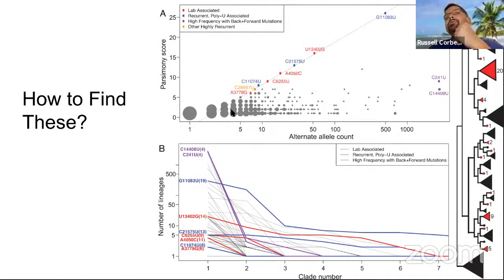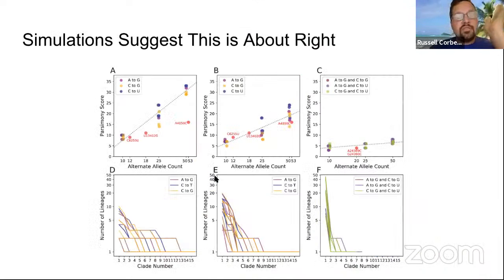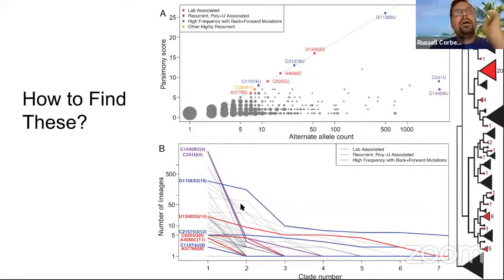We see a lot of C-to-U mutations, as you might expect. Down here is the other way you can kind of think about this, where I've structured this such that it's sort of the number of lineages, ordering it such that each mutation has a certain number of descendants. I don't know why stuff's happening to my slides. Each mutation has a certain number of descendants, and you can see that they quickly level off to very, very small clade sizes of 1, and of course the line stops when it goes to 0.